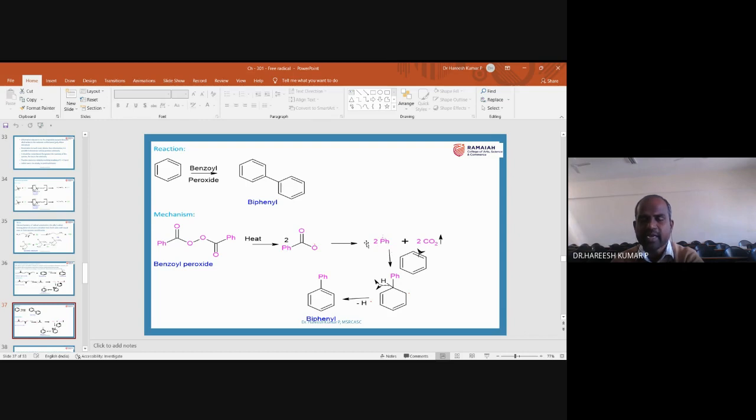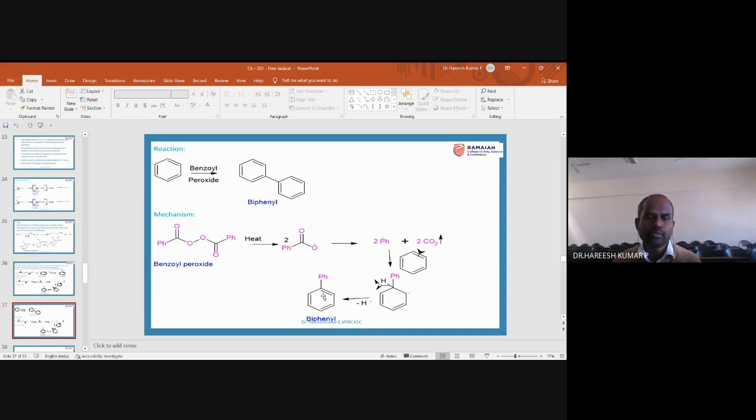Phenyl radical reacts with benzene, giving rise to a radical intermediate. This radical is stabilized by resonance, and at the end there will be a homolytic cleavage of the CH bond, giving rise to biphenyl as the product.